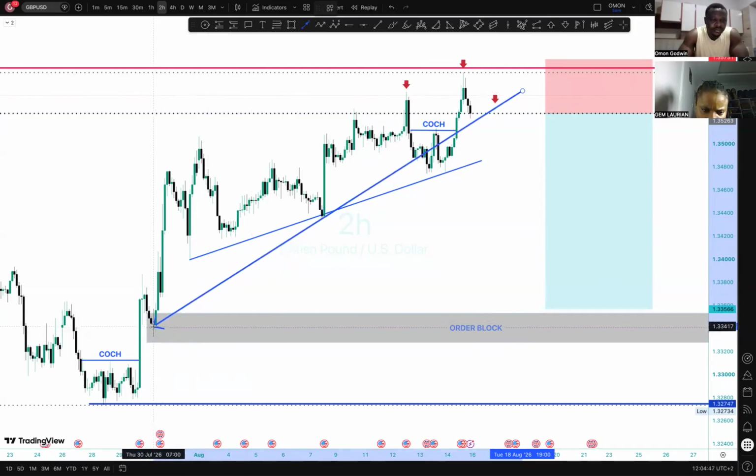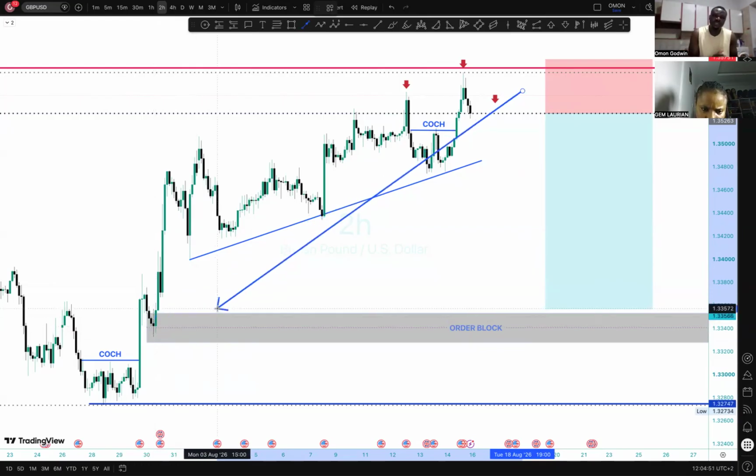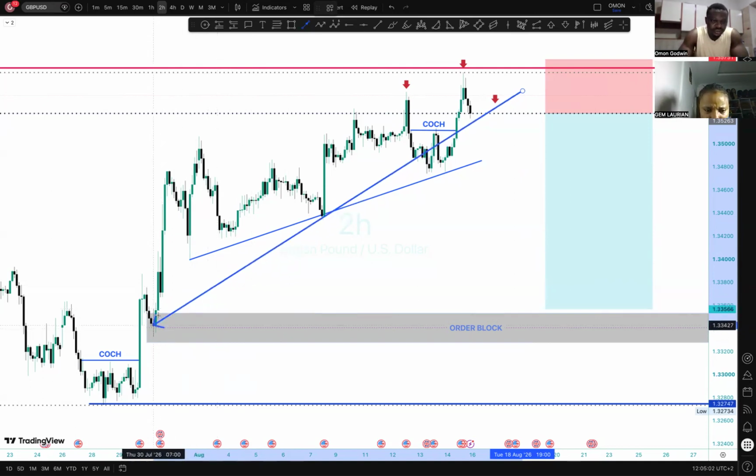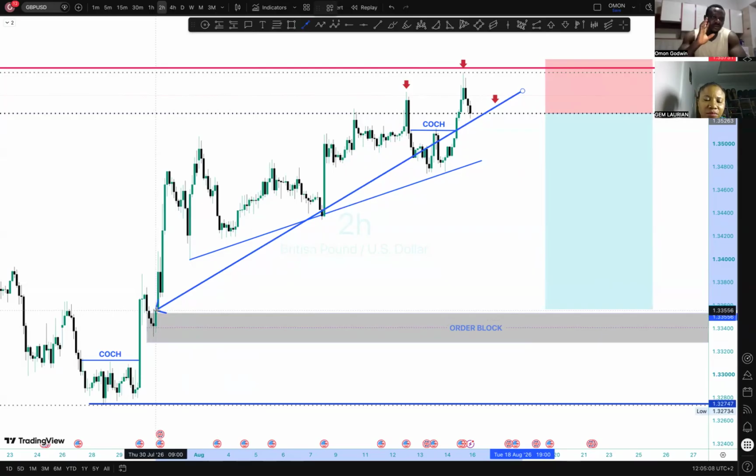There is a name for this candlestick. We call it a doji candlestick. We have doji, we have hammer, we have engulfing. After this doji candlestick, this candlestick became an engulfing candlestick. I don't want to explain all those things to you.